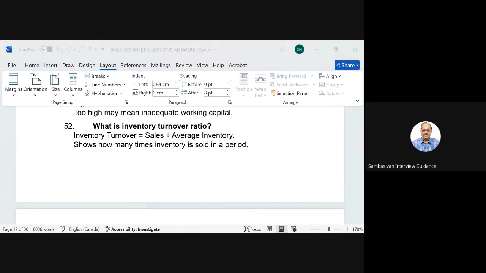Now let me make another search, inventory turnover ratio. I will show you another one also.